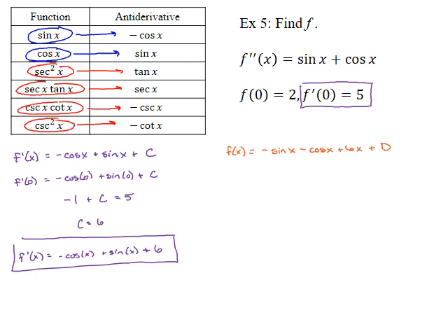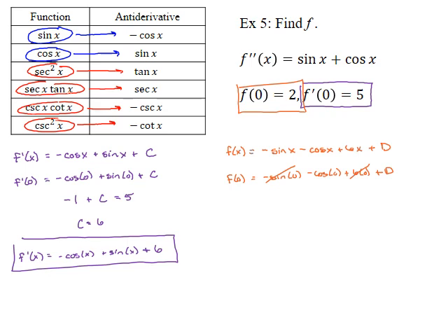We know that f of 0 is 2, so I can say that f of 0 is going to be negative sine of 0 minus cosine of 0 plus 6 times 0 plus d. Sine of 0 and 6 times 0 go away.